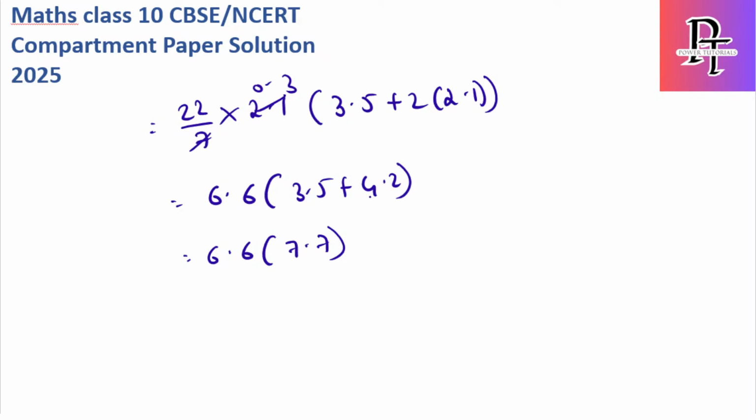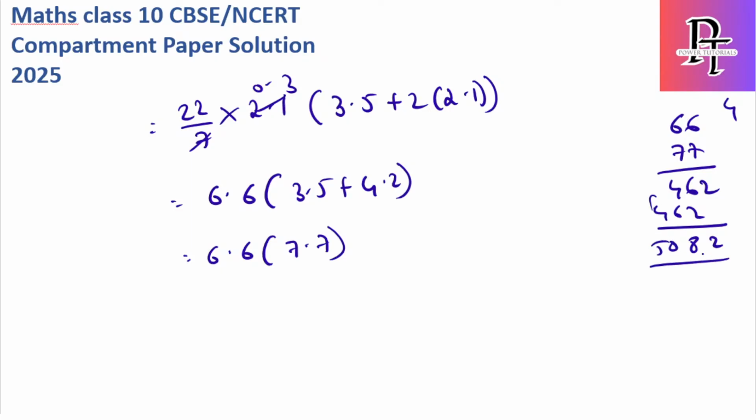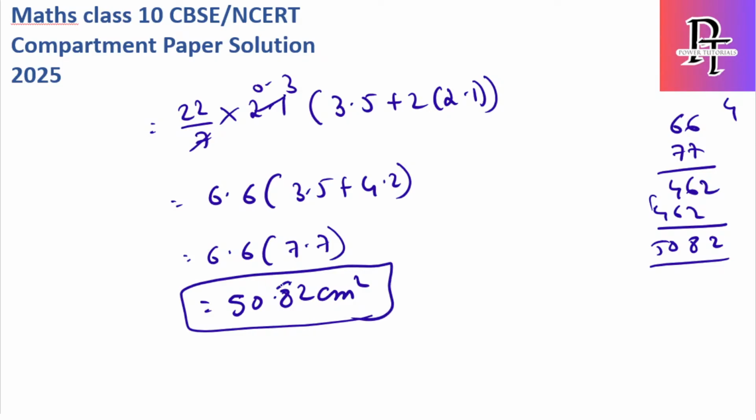Okay, so 6.6 into 7.7, multiplying it gives the final answer of area as 50.82 centimeter square. So the unit is important, not only the value. Rewrite it.